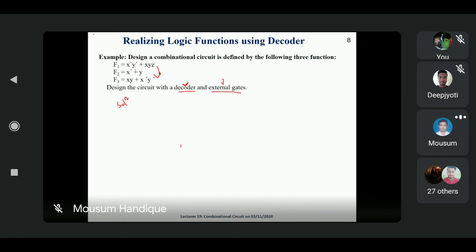So in the first function f1, x, y is there, but z is missing. But in the second term, all the variables are present. When we go to the second function f2, the first term yz is missing and the second term xz is missing.